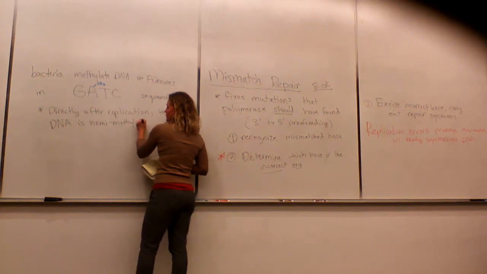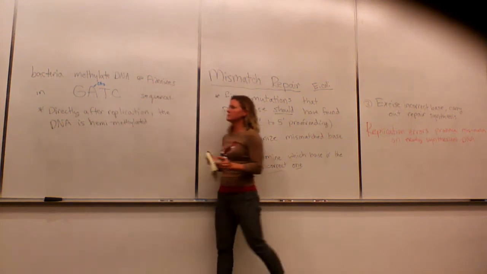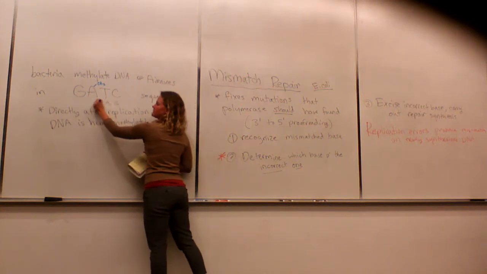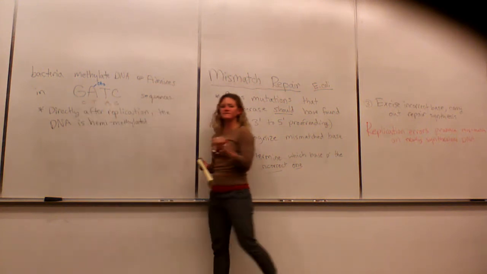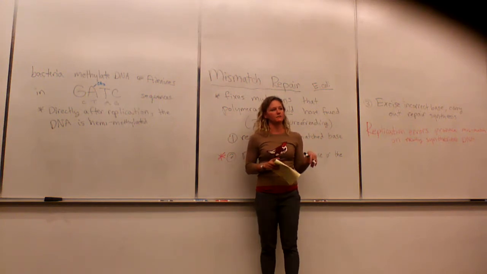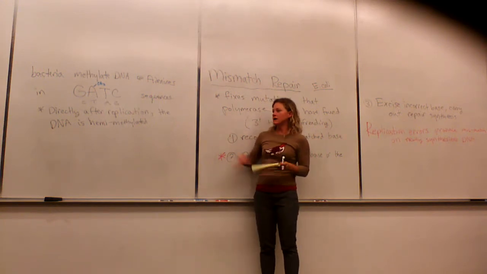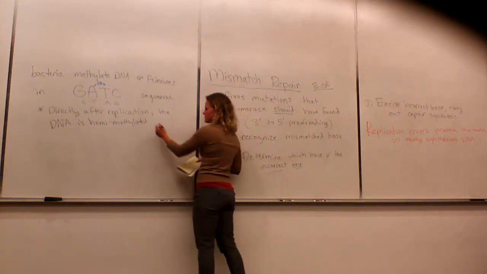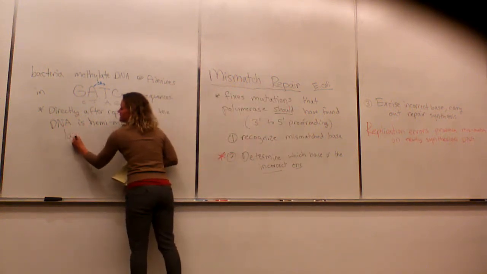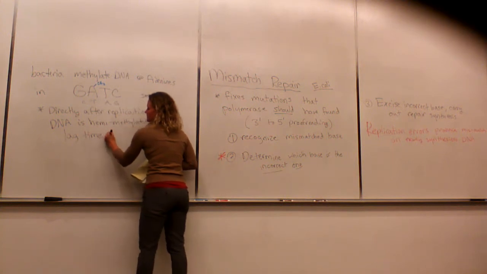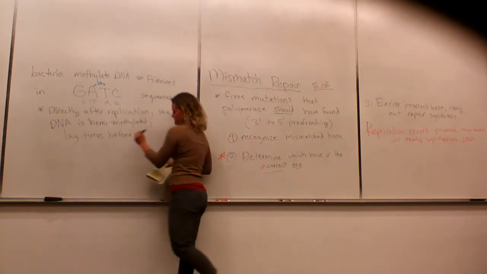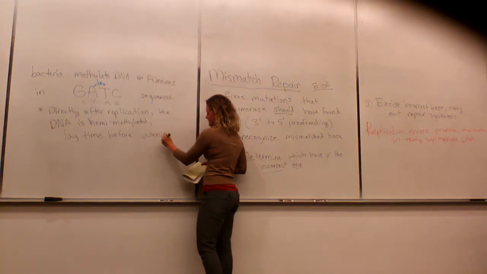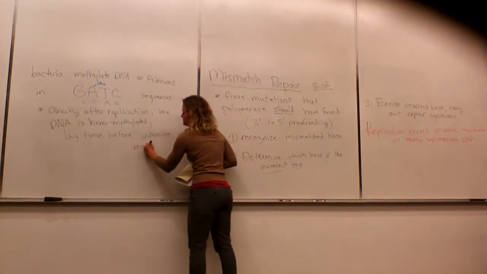So instead of both strands, because GATC is a palindrome, right? So both strands, the A is going to have a methyl group on it. But directly after replication, only the old strand has a methylation. Because there's a lag time, there's a delay, specifically before the adenine methylase gets there.